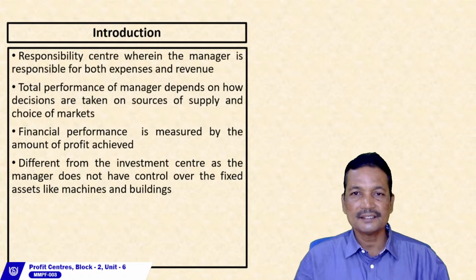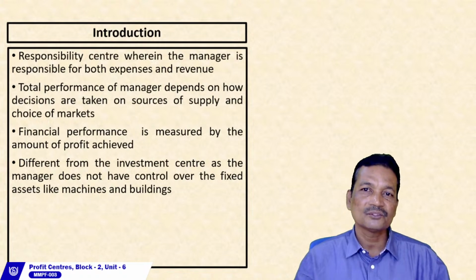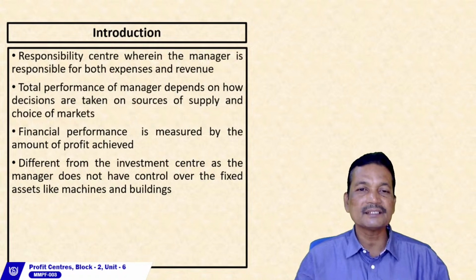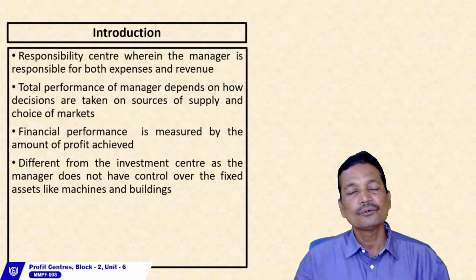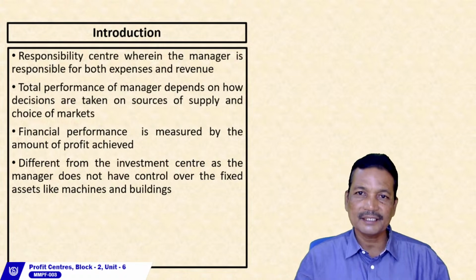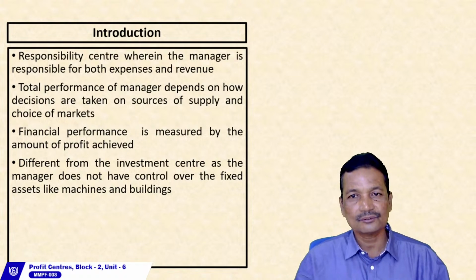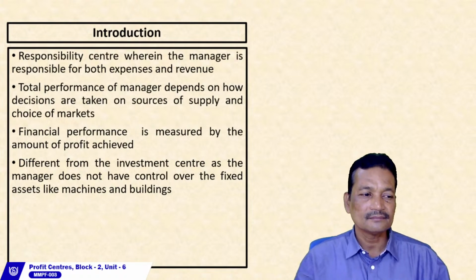But managers take decisions with an intention of generating profits. That means how to generate more revenue, that means maximize the revenue and minimize the expenses so that the profit is maximized.